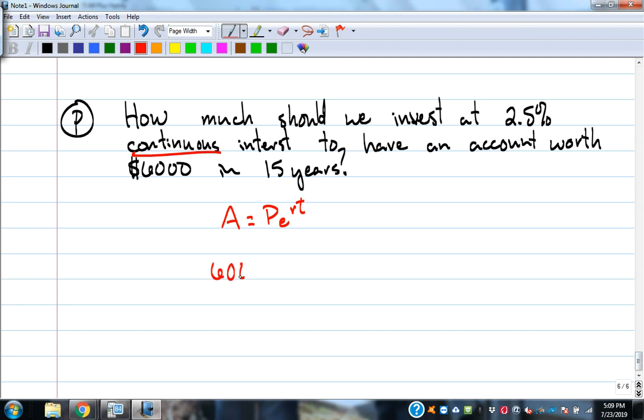We know 6,000 is what the account should be worth. We don't know the principal, but we know e to the 0.025 times 15 out of that. Again, we're just going to divide 6,000 by this number, whatever that number turns out to be.